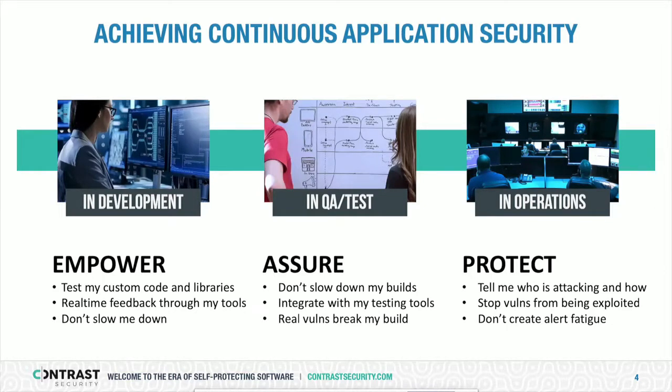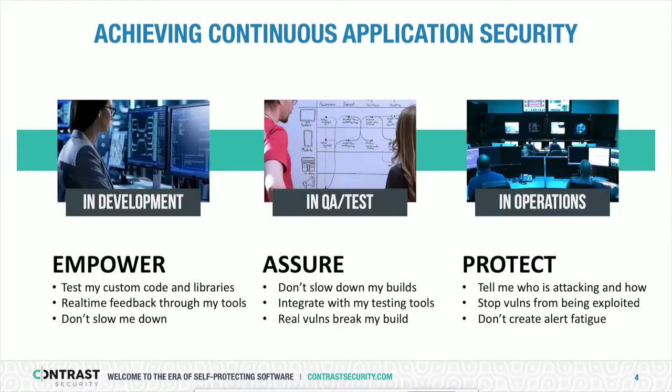And then the last piece is in production. We have to change our game here. Most organizations have no idea who's attacking them or how they're attacking, what techniques they're using. They don't know which URLs and which apps are being targeted. That's a very dangerous situation.